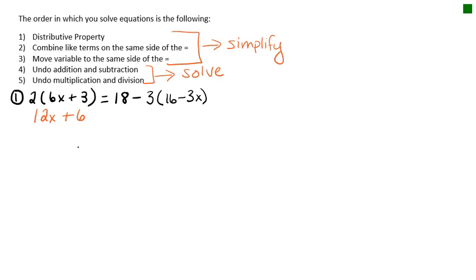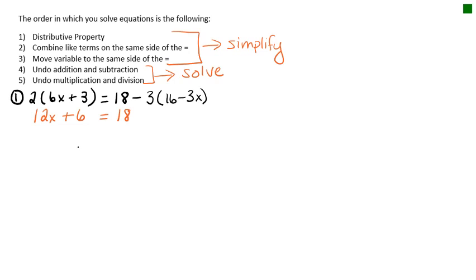All right, so I distributed that. On the opposite side of the equation, I'm going to bring down the 18. One of the common mistakes people make is that they want to subtract that 18 and the 3, but you can't do that yet because there are parentheses. You always have to get rid of parentheses before you add or subtract.